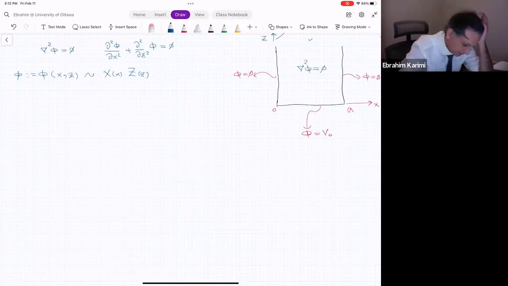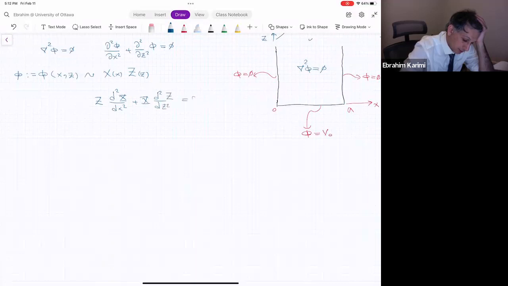Let's do that. If you do the mathematics, the partial differential becomes an ordinary differential. So it will be Z times d2X/dx squared plus X times d2Z/dz squared equal to 0.